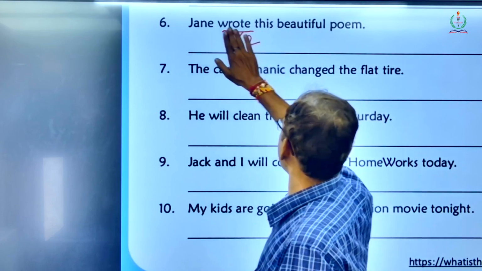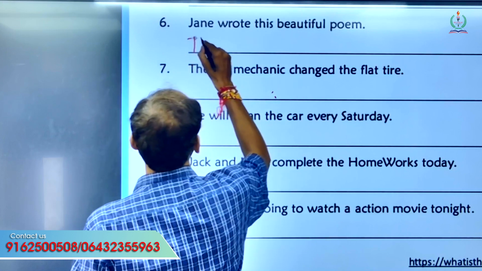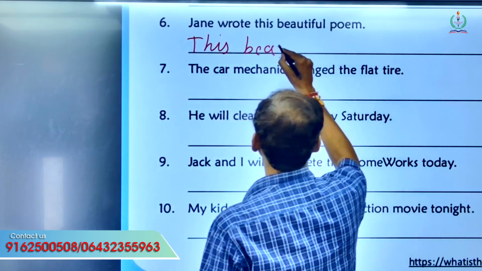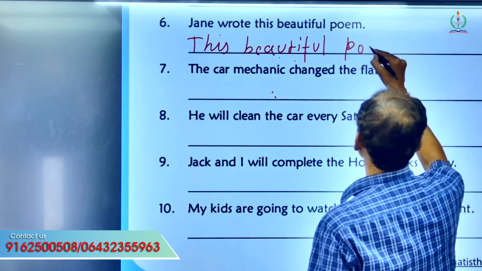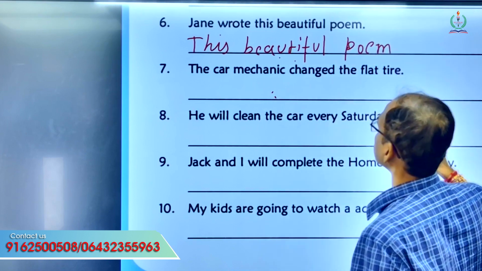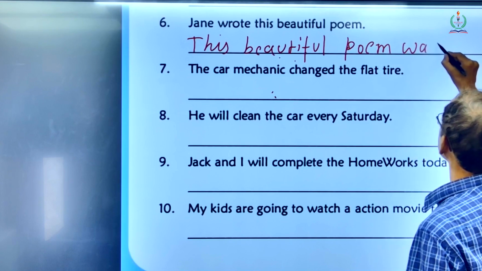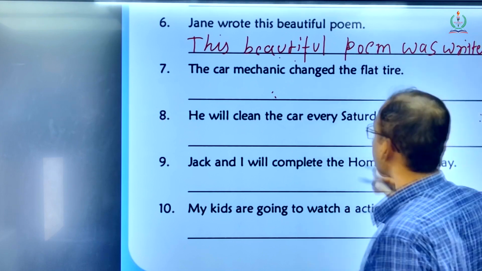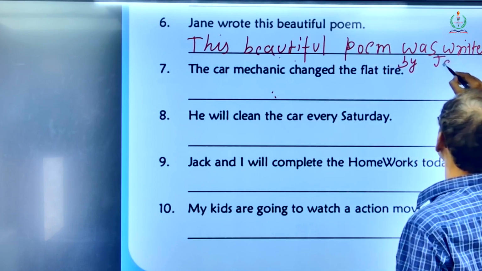So let me write down the passive voice. This beautiful poem was written by Jane.